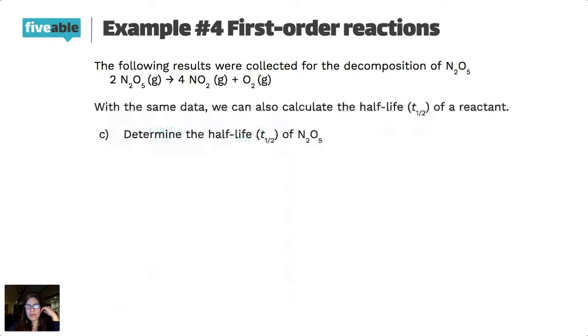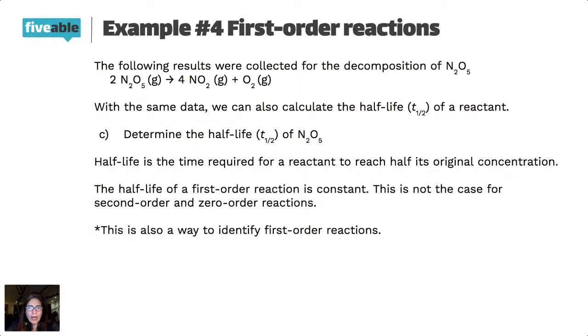Okay, so now they can also ask you in these kinds of equations to calculate half-life. So if they tell us to determine the half-life of N2O5, we have two ways to do this. One way, half-life, as you can remember, is the time required for the reactant to reach half of its original concentration.